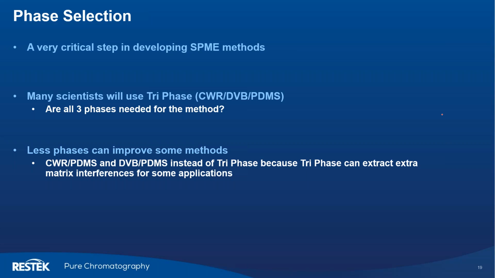Using just a carbon wide range or divinylbenzene phase instead of a tri-phase can be advantageous because it doesn't collect as much matrix interference, and you might also have better loading of your analytes of interest based on the increased loading of carbon or divinylbenzene.